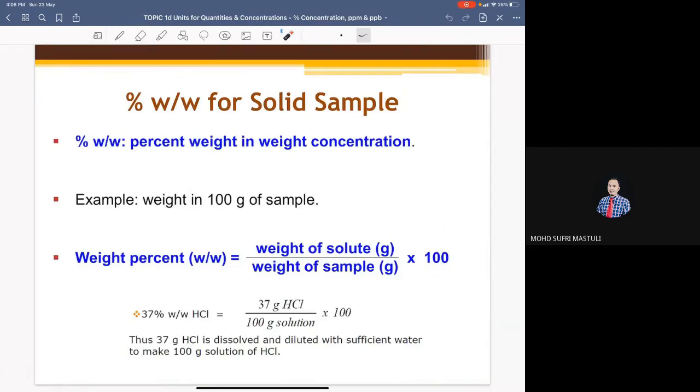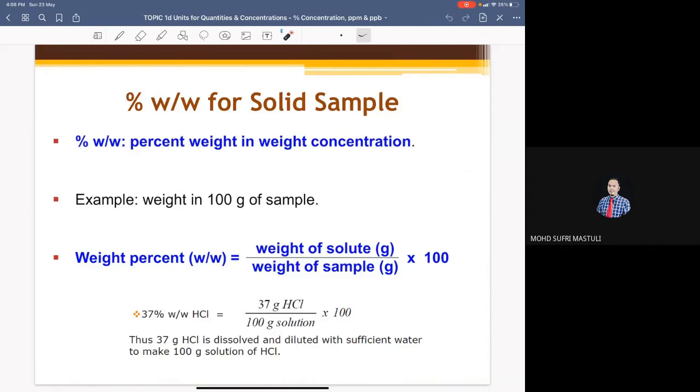Moving forward to the percentage weight per weight for solid samples. Because this one is weight per weight, we normally use this percentage concentration for solid samples. So the percentage weight per weight is a percent weight in weight concentration, for example, a weight of substance in 100 gram of sample.